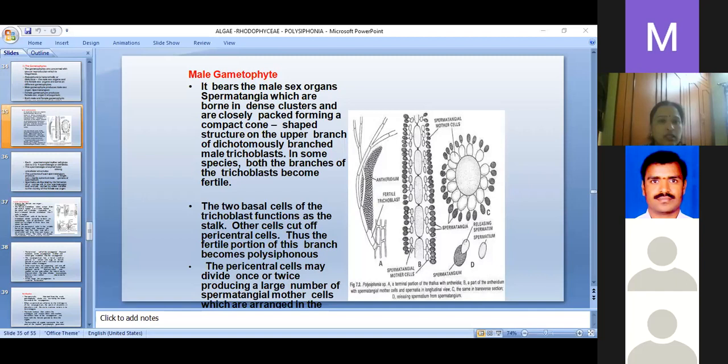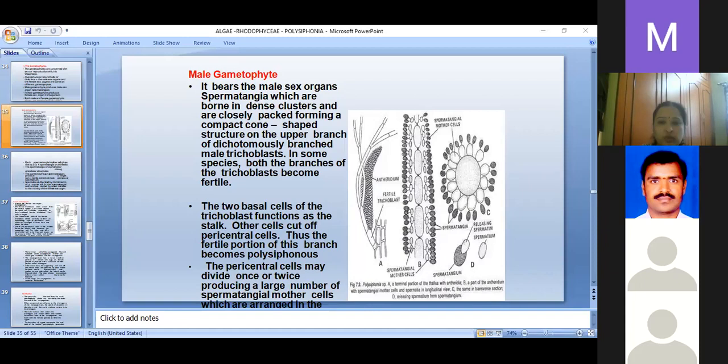When the spermatium reaches the trichogyne of the carpogonium, both walls at the point of attachment dissolve, and the male nucleus enters the trichogyne. The male nucleus moves down and reaches the swollen basal portion of the carpogonium. Why? In the swollen basal portion, the egg is present in the female gametophyte; the ovum or egg is present.